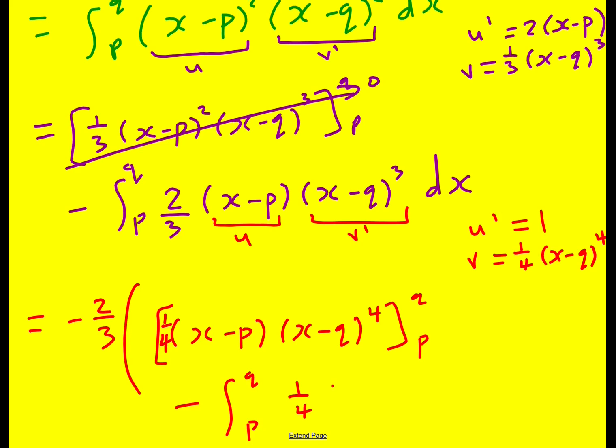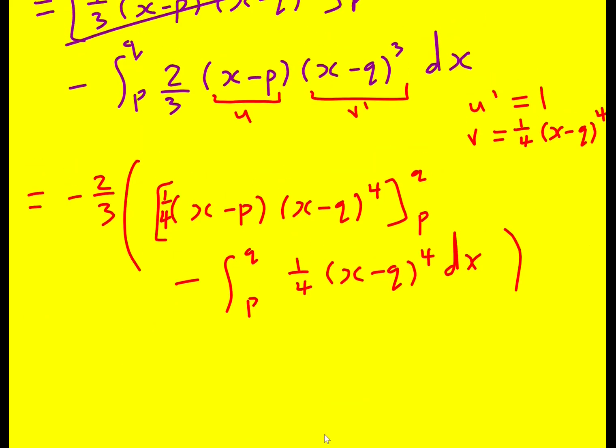So we're going to get a quarter x minus q to the 4. And again, this is going to disappear. This is just 0.